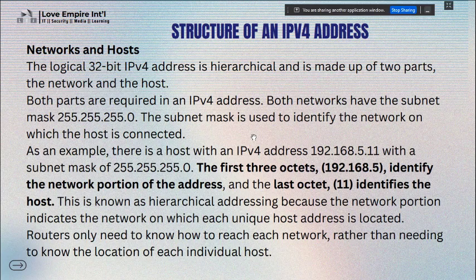I'll come again. If your subnet mask is 255.255.255.0, that tells you that the first 3 octets represent your network, and the last octet, which is the 0, represents your host.